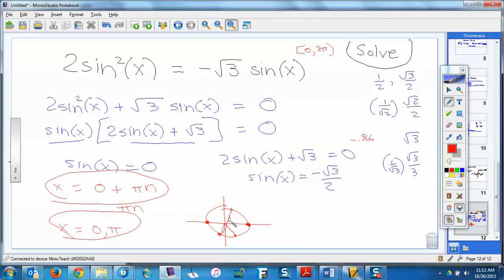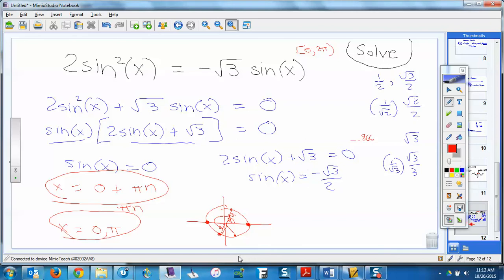So what would that be? So ignore that. So all the way around here in quadrant 3 would be what? Pi thirds. Maybe 4 pi. The first one is 4 pi thirds, right?